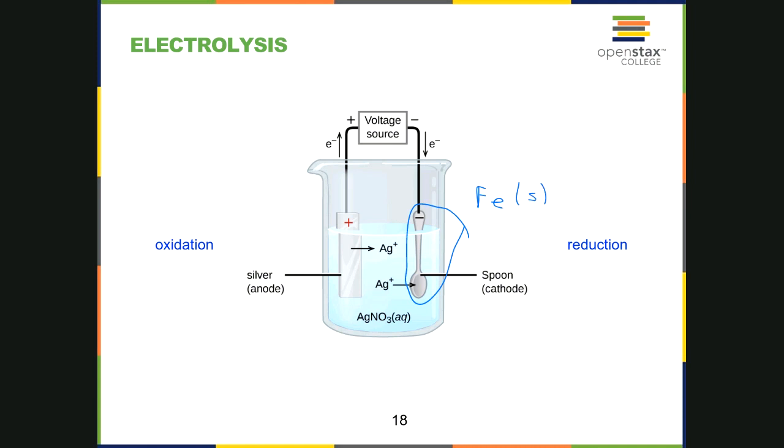But they start out with a bar of silver, and that's where the oxidation is occurring. And then on the other side, they have a reduction where the cathode is, the cathode being the spoon, and we're going to create a layer of silver on the outside of the iron spoon or the steel spoon.